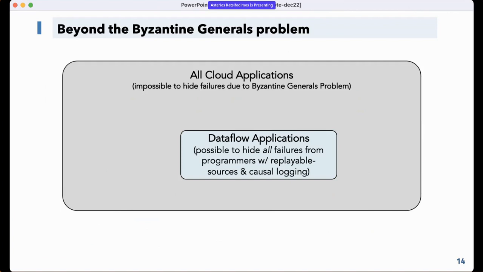The person that writes the map function or the filter function or the join function in a scalable stream processor nowadays, in a streaming dataflow graph, does not need to take care of anything there. Good. So, long story short, in certain cases, it is possible to hide all the failures from the programmers.